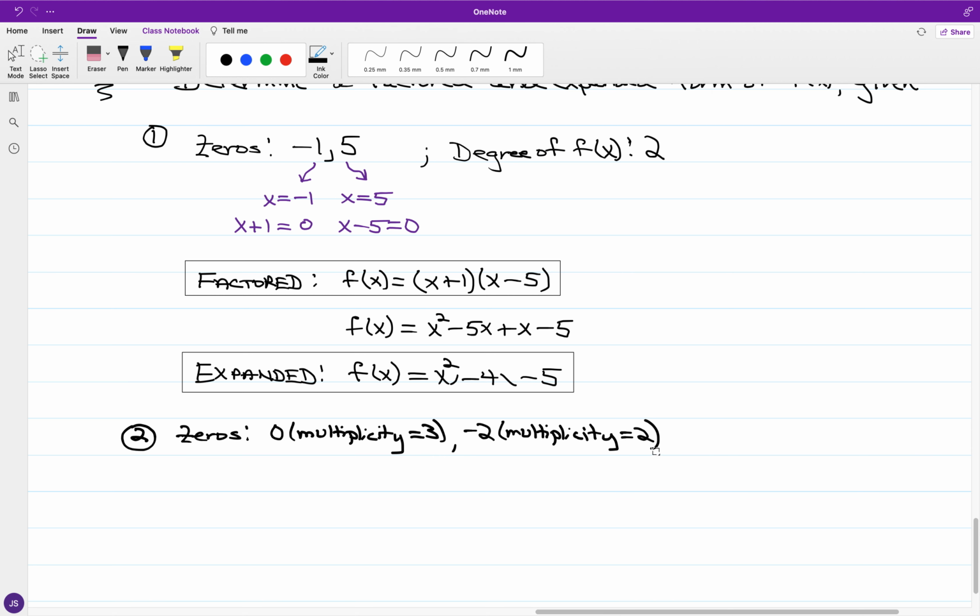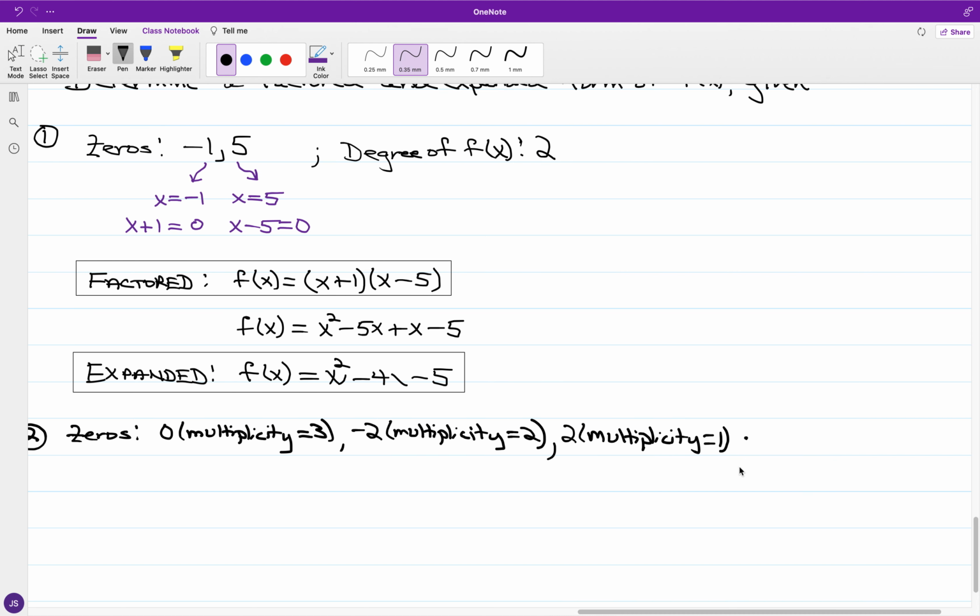Now say we have another 0. Okay, we'll say we have 2 with a multiplicity equal to 1. And we have for the degree of f of x, we'll say that the degree is equal to 6.